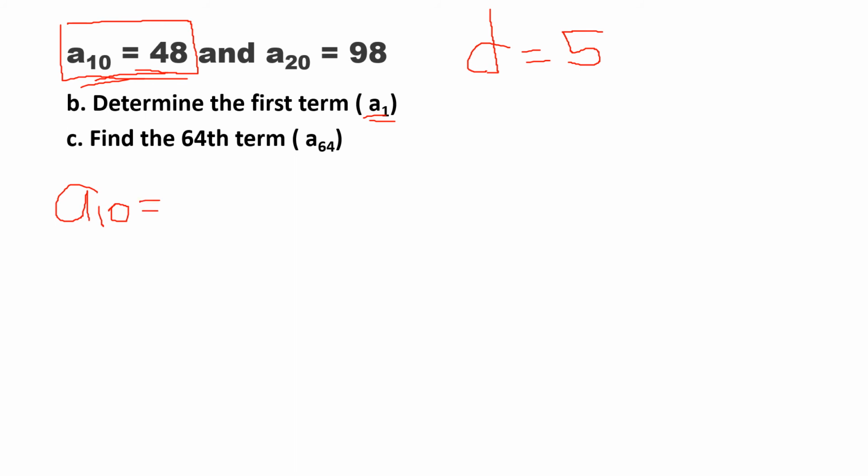equals A sub 1. So, from our formula muna to, we have 10 minus 1 times the difference 5.